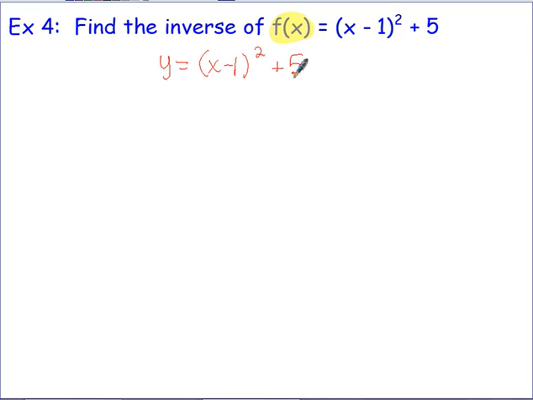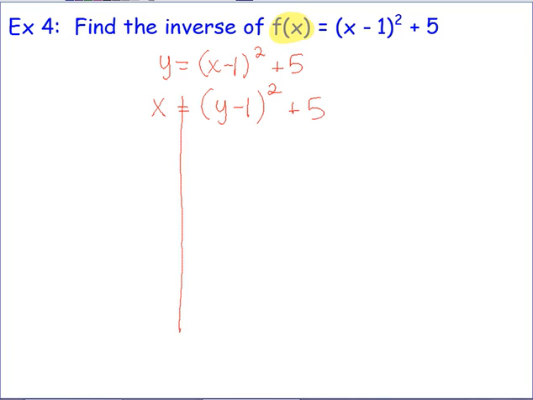Now we want to switch the x's and y's. So x equals parentheses y minus 1 close parentheses squared plus 5. Now, put your line up the middle.